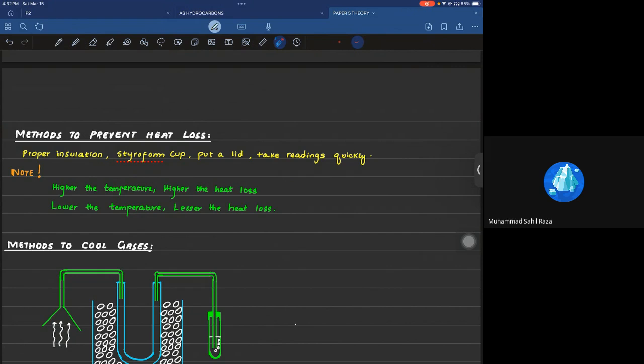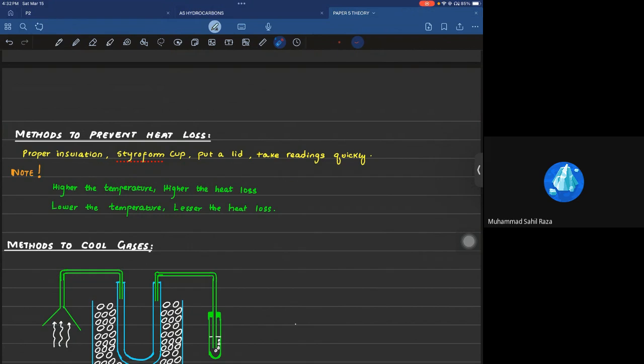You might have some heat loss, but we can have the minimum heat loss by doing these steps. You can take a styrofoam cup, which has proper insulation material, so that you can measure the enthalpy change accurately, almost near to the true value.